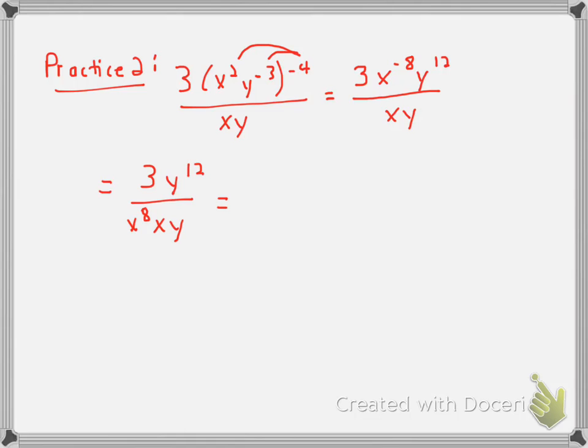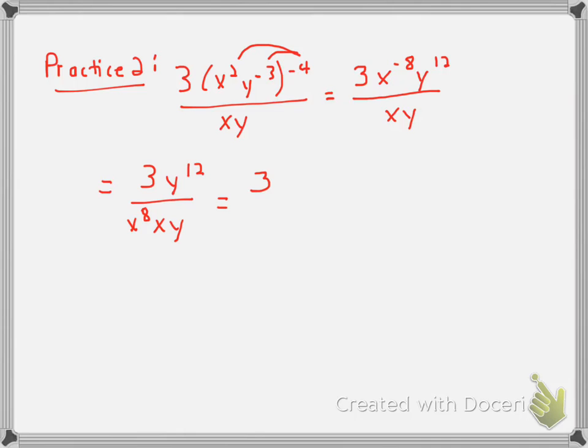Okay, we need to combine the x's and the y's. So the 3 is going to stay in the numerator, correct? Now what? Y to the 11th power in the bottom, do you agree?